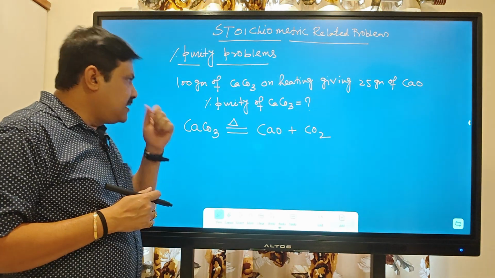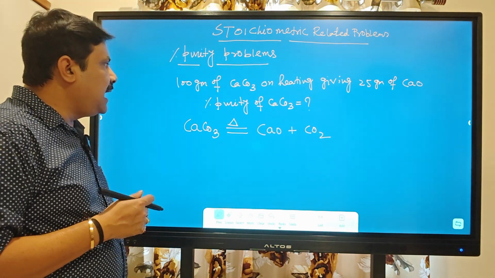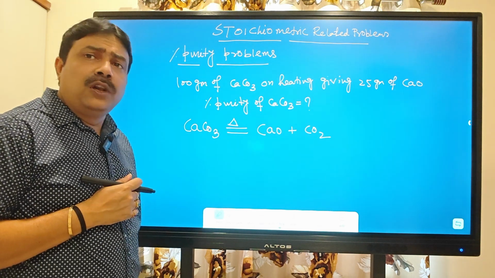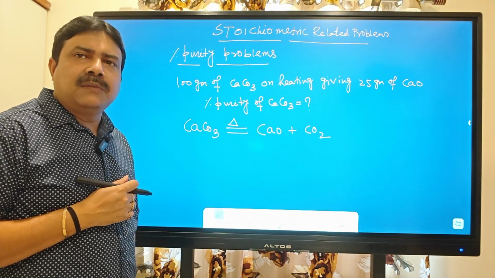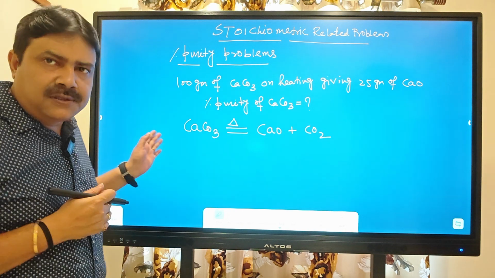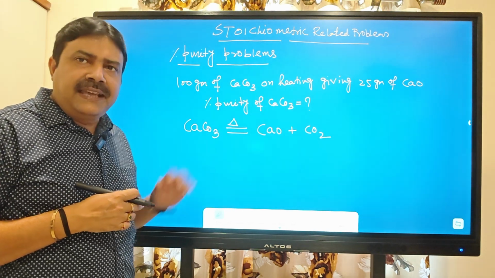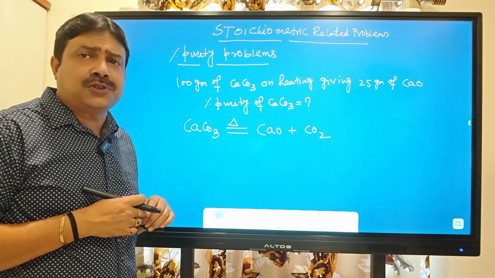Now the next job: once you write the balanced equation, by default you get the mole ratio as well as the mass ratio. That means how many moles of reactant give how many moles of product. Reaction always occurs as per stoichiometry.